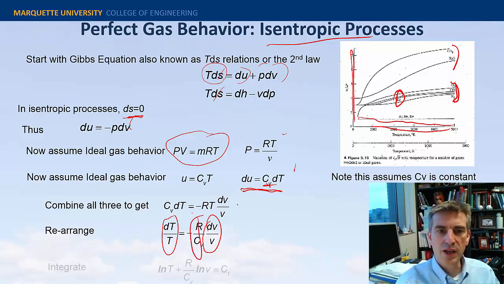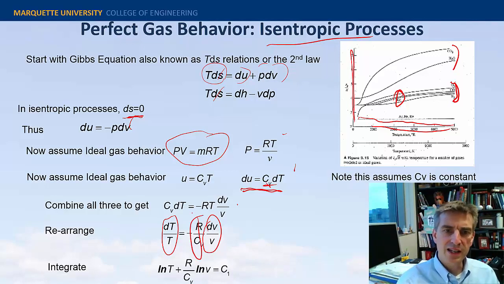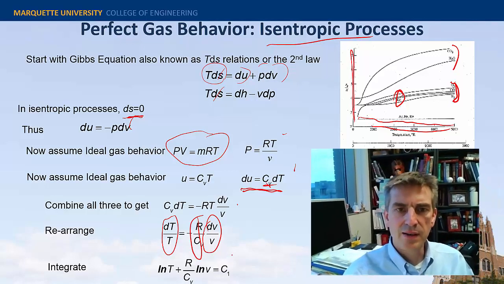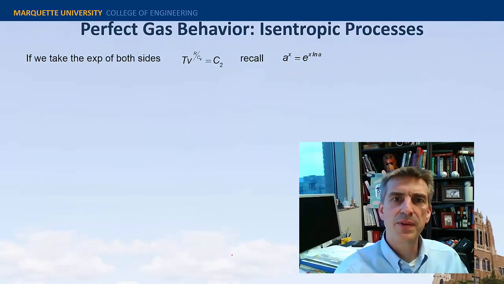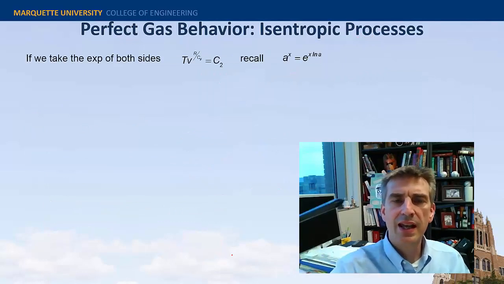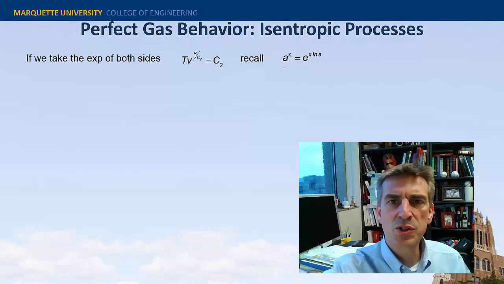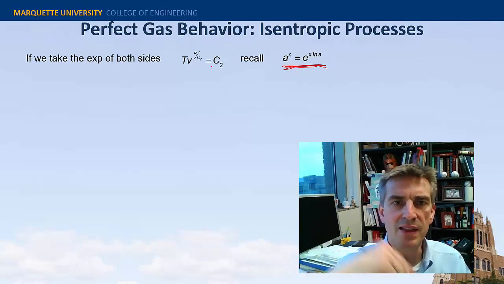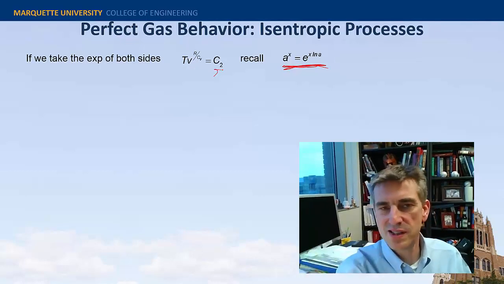That's easily integrable, and when we do, we get ln T plus R over cv ln v, and that's equal to some constant because I didn't integrate over a given limit. So I did an indefinite integral there. Here I just rewrote it, and I employed the little trick with regard to logarithms. I just took the exponential of both sides and got this here, where I've got some new constant now, C2, right?